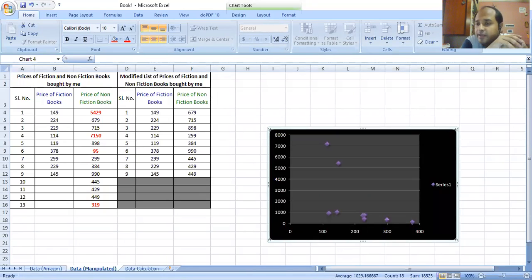for your kind information, when the size of the sample is more than 30, it is called a large sample. And when the size of the sample is less than 30, it is called a small sample. Okay, that is the formula. So if in any class I see that I am teaching a small sample, then I shall not upload the YouTube video.